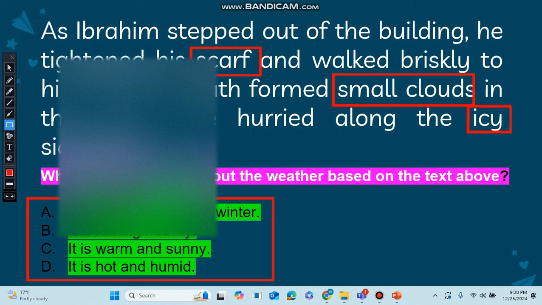So these are giving us some information that it's referring to cold weather. So the possible answer is it is cold and possibly winter. However, it's not directly mentioned in the text that it's winter and it's cold. However, we infer it from the text. So we found out indirect information that's not directly stated.